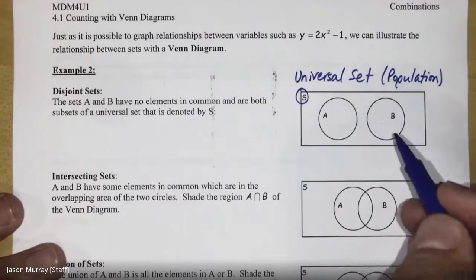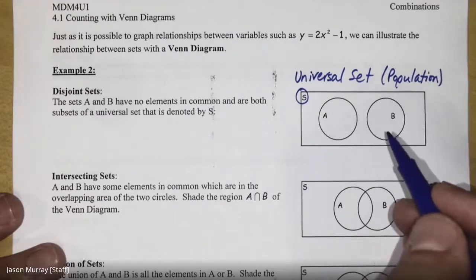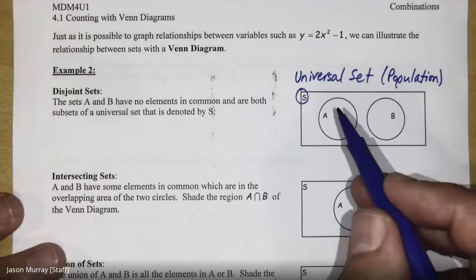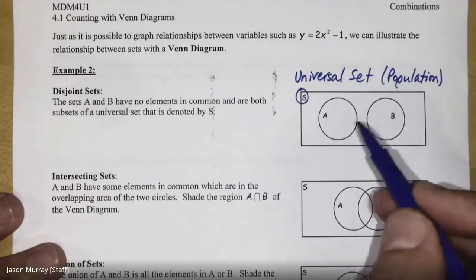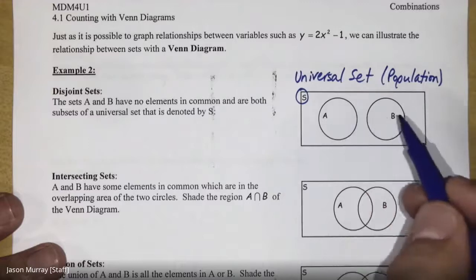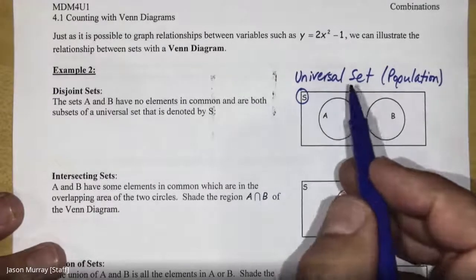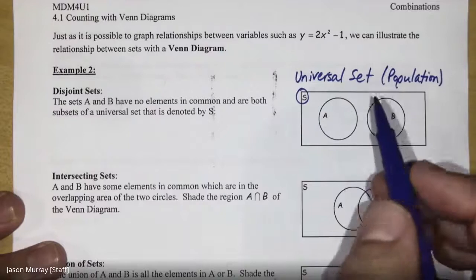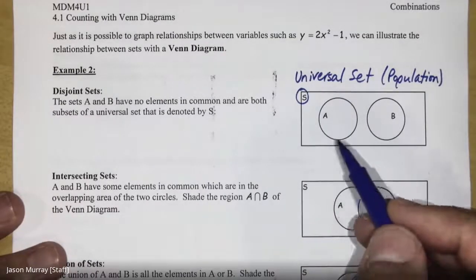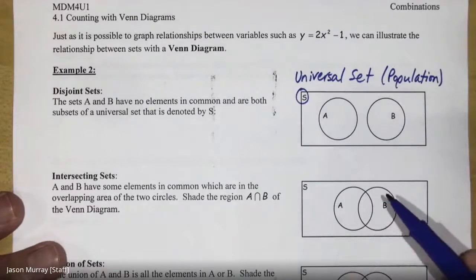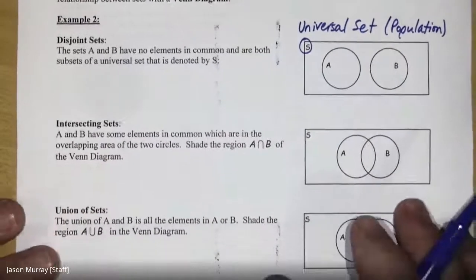Let's say these students in here are taking drama, and no one in here is taking drama, and no one in there is taking data. So there's no crossover at all, right? There's students in here, there's students in there. But the universal set is every grade 12. These two don't represent every grade 12. There are more grade 12s outside the circles, outside the sets, okay? But that's what disjoint looks like.